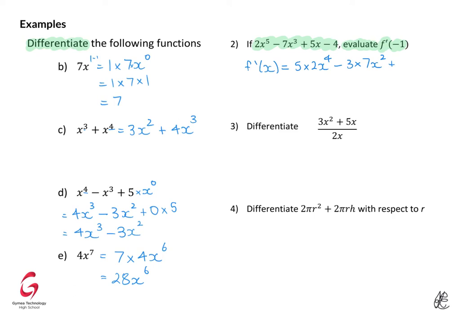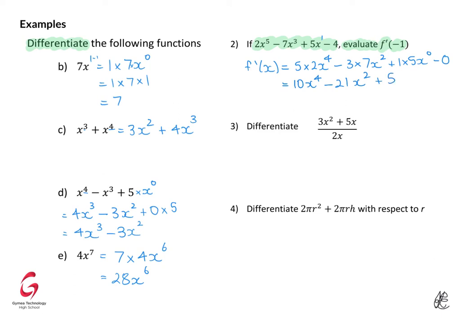Remembering that this has a power of 1, so bring it down the front, take 1 off the power, and this constant term has an x to the power of 0, which means that I'm going to multiply by 0 and it's going to disappear. So now I'm going to neaten it up so that I can see what my derivative expression looks like.